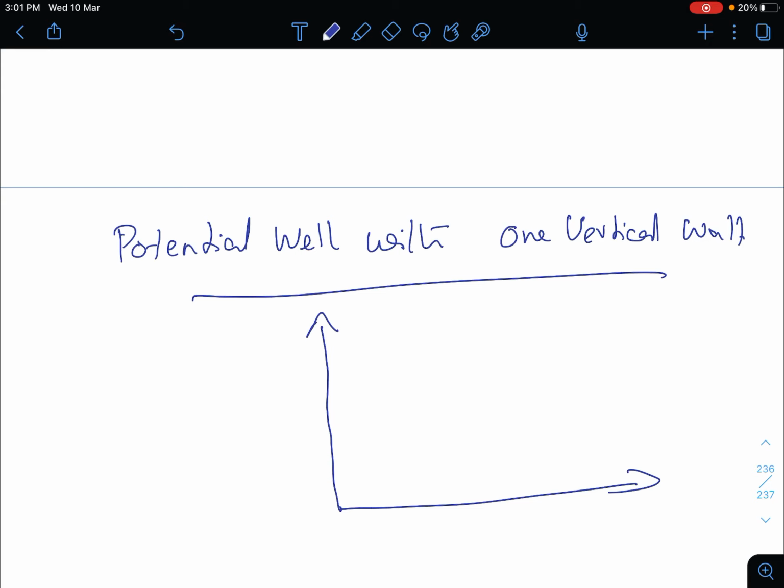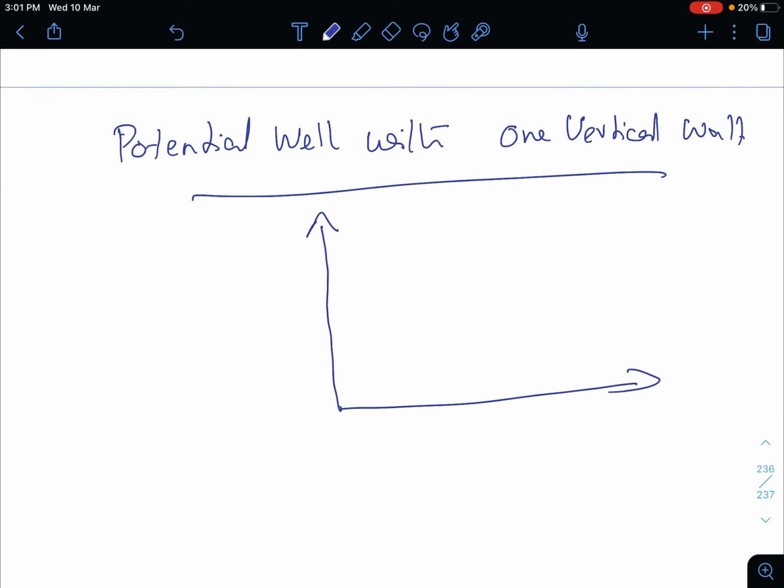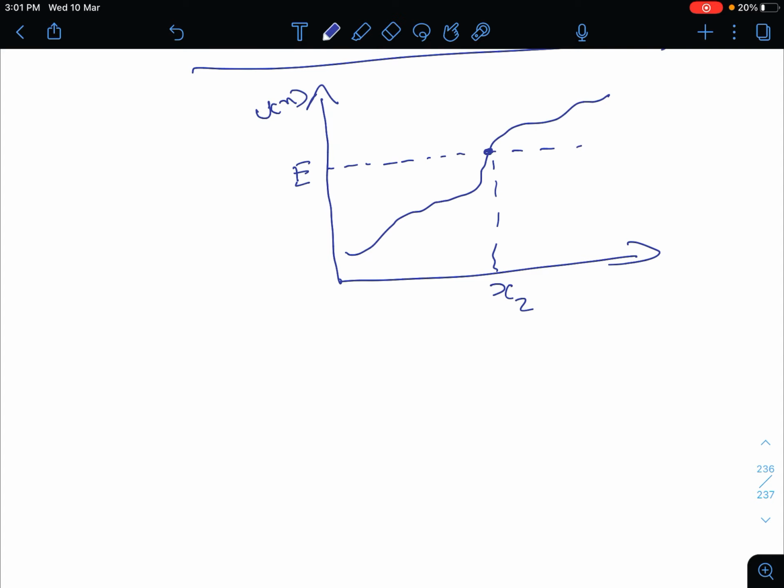You have an infinite wall on the left side, and your energy, the particle energy, is this. Now this is the wave function, V of x changes like this. So this is E. So the crossing over point is, let us say, x2, an arbitrary point.